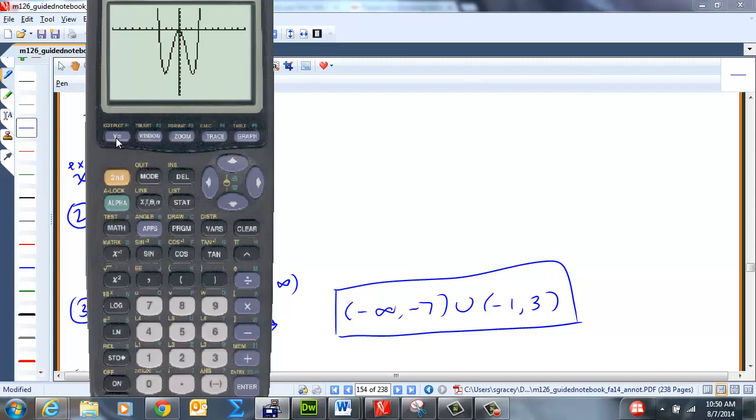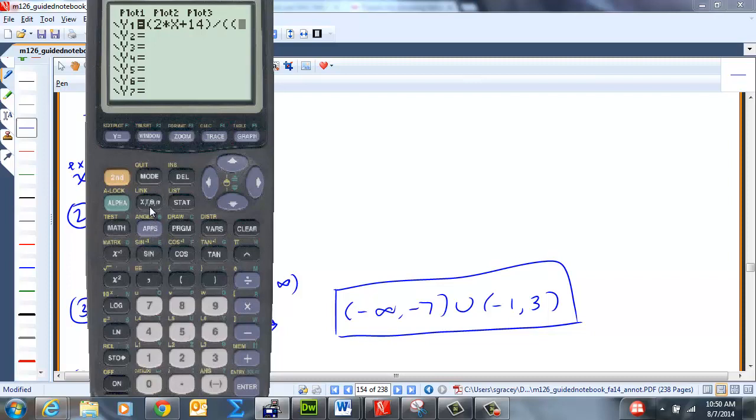So go back to our y equals, and we had quantity 2 times x plus 14 divided by, now you have to put an extra parentheses down there so that whole product is in there.